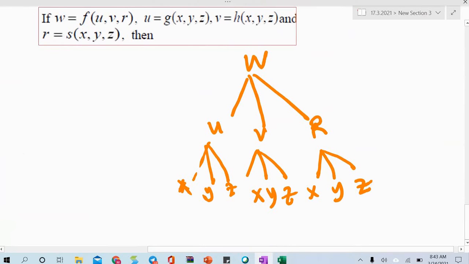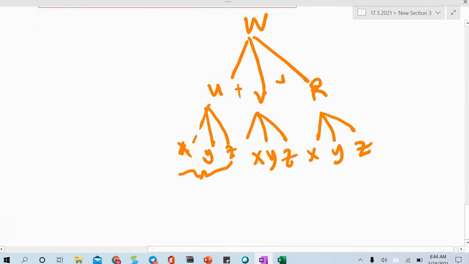So now you end up with the 3. So you have 3 things you have to add. So let's say del W del X. Why del? Because every intermediate you have more than one independent variable.